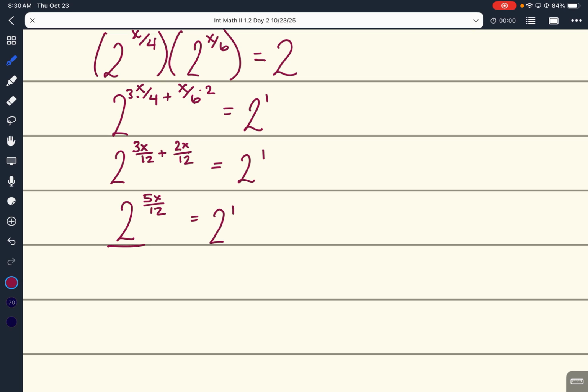So I'm down to one base on both sides. Once I'm down to one base, are the bases equal? The bases are equal, then what? The exponents are equal. So I have 5x over 12 equals 1.